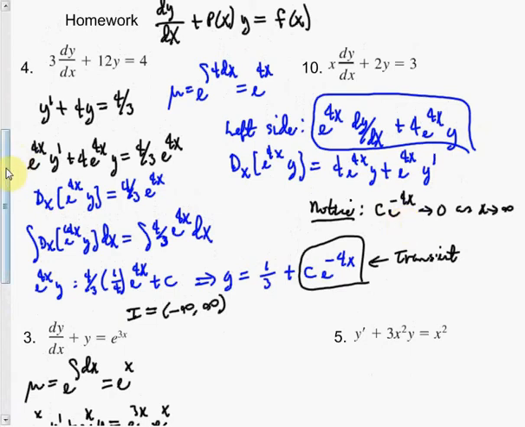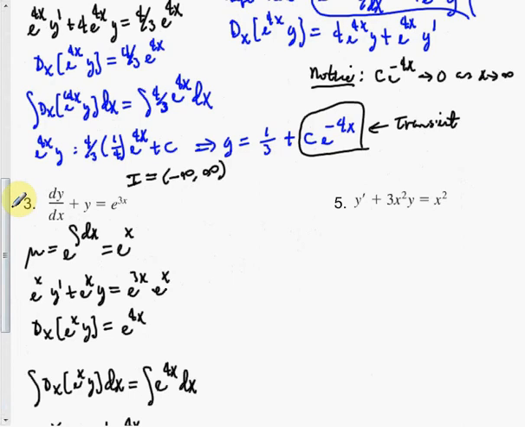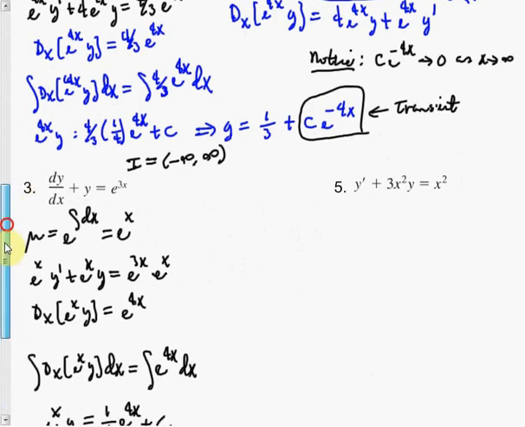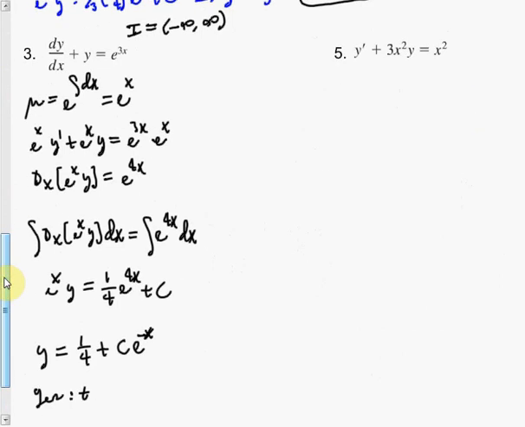I'm thinking about e to the positive 4x, and it goes to infinity. It goes to 0. Okay, all is good now. I hadn't had my brain collapse yet. So yes, this is transient, and that term is c times e to the negative x. And the so-called solution interval would be the same, from negative infinity to positive infinity.